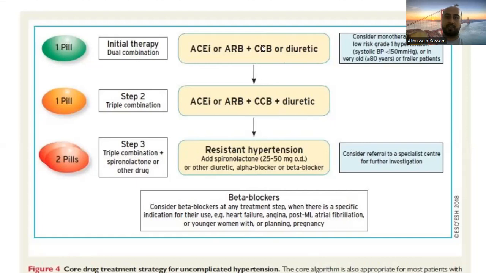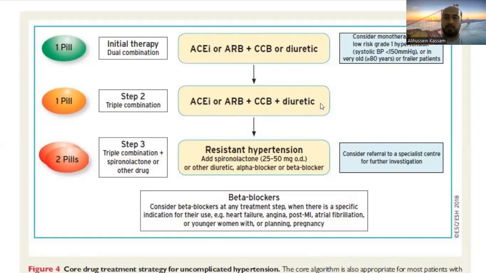Step 2 is that when they don't meet your targets, you can go to one pill with a triple combination. Again, you have an ACE inhibitor or ARB, never combining them, plus a calcium channel blocker and a diuretic. So the three drugs in combination.